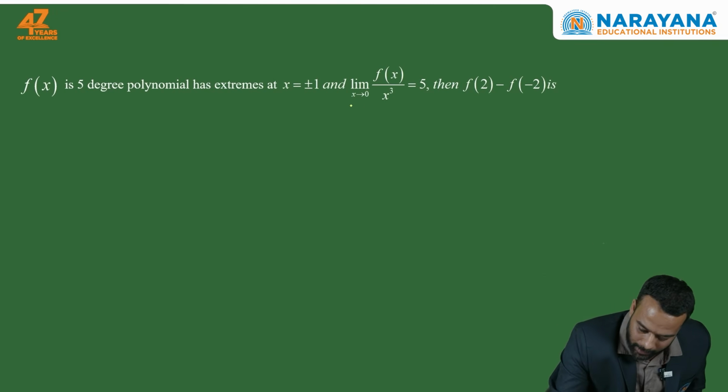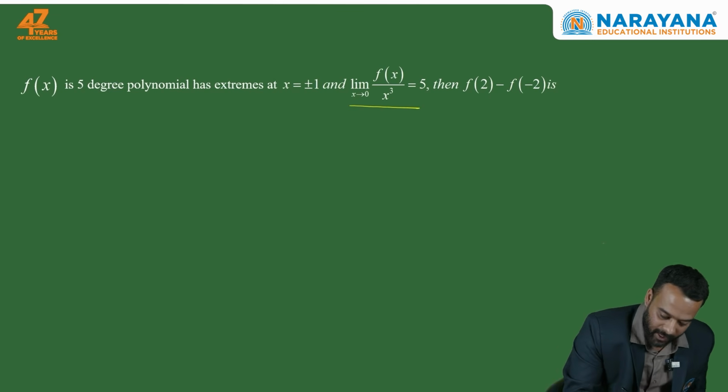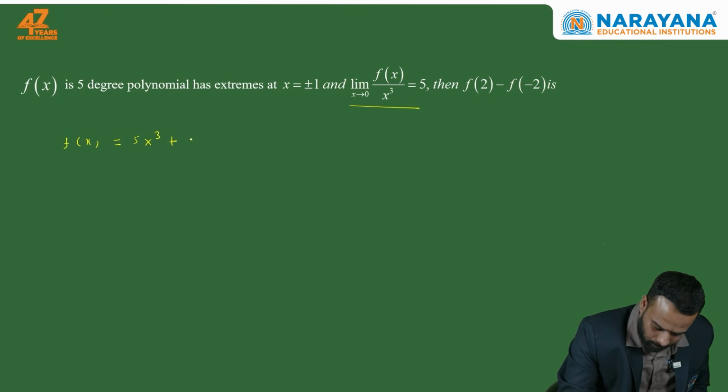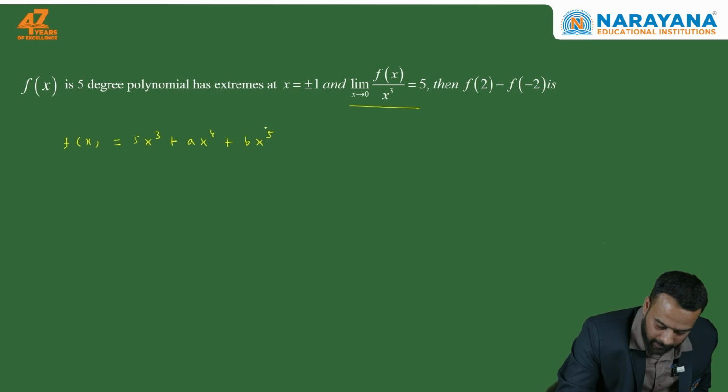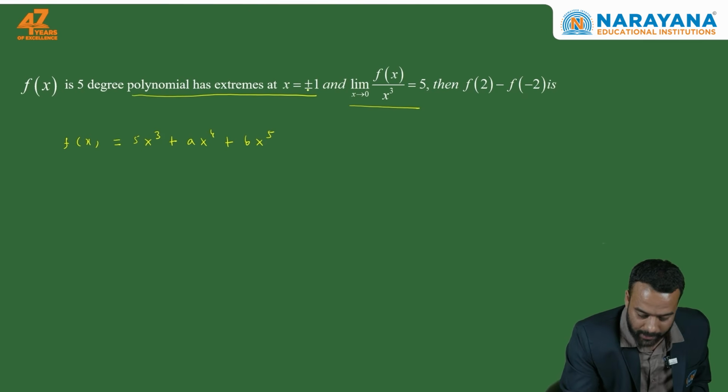So with the given detail that limit x tends to 0, f of x by x cube is 5, we can take our polynomial as 5x cube plus ax power 4 plus bx power 5. Now they have given the detail that the polynomial has extrema at x equals plus minus 1.